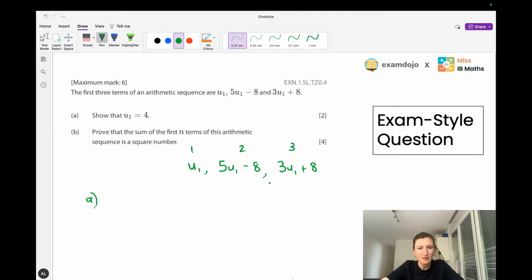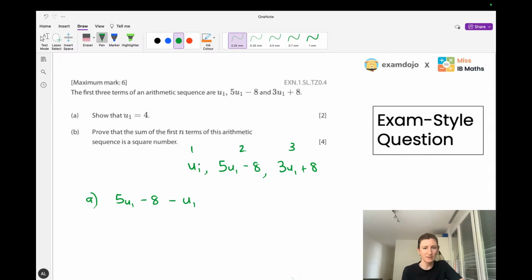So we need some kind of relationship between these. So to figure out that u1, I have a relationship that my second term minus my first term is equal to my third term minus my second term. That's one that comes up quite often. So 5u1 minus 8 minus u1.